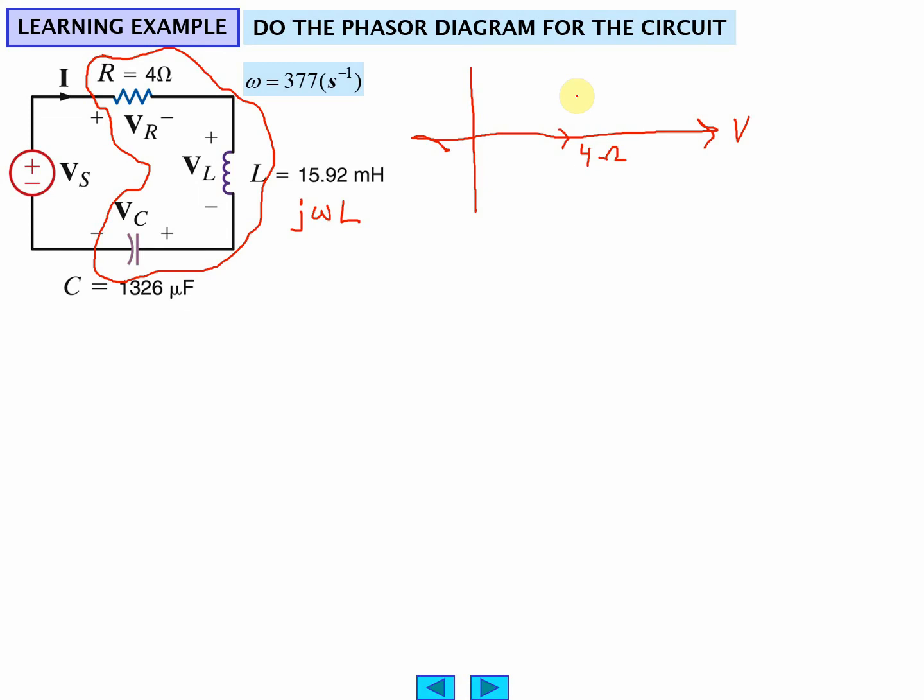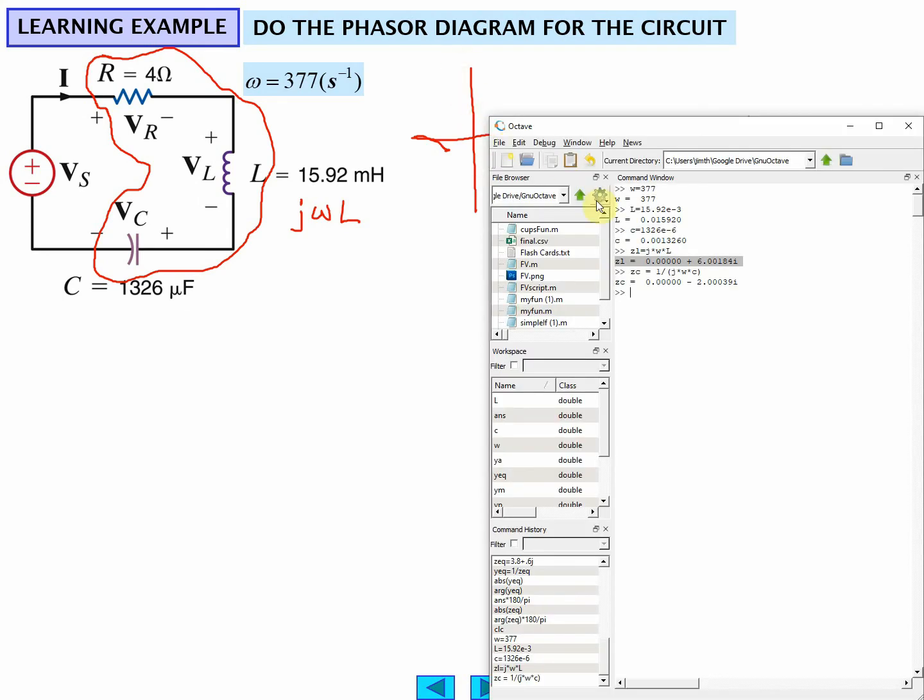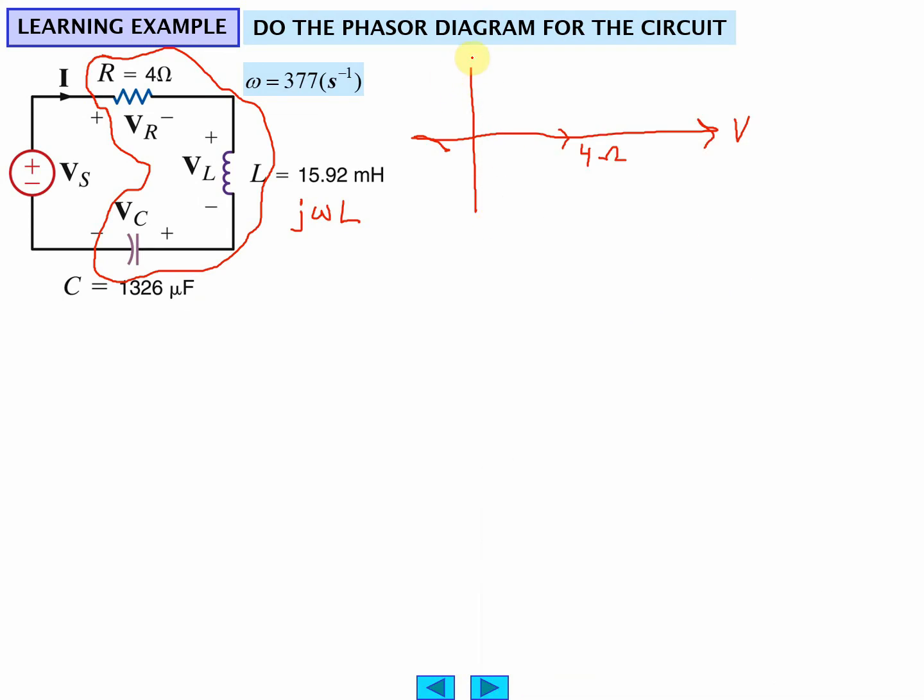Okay, so 4 ohms, and what did I say? 6 ohms inductive. Yes, 6 ohms inductive. So this is the inductive arrow. This is Z sub L. The capacitance arrow is about half that length, Z sub C. We add these together.